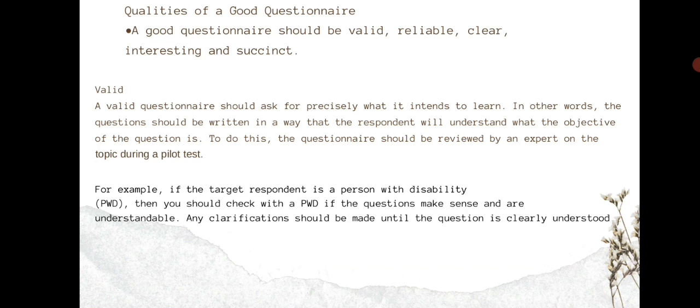For example, if the target respondent is a person with disability (PWD), then you should check with a PWD if the questions make sense and are understandable. Any clarification should be made until the question is clearly understood.